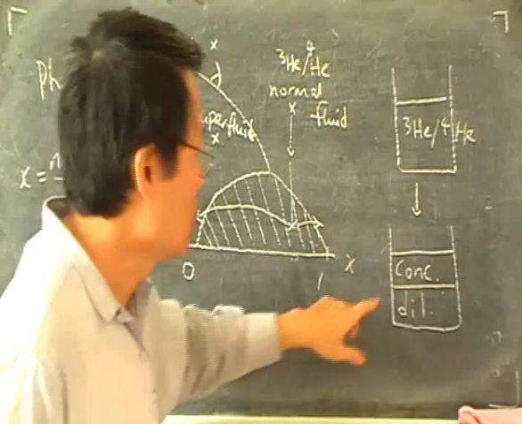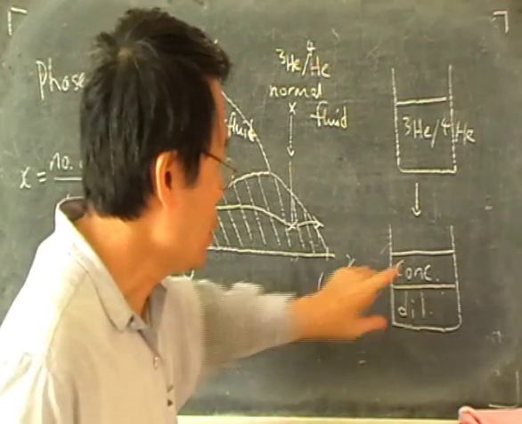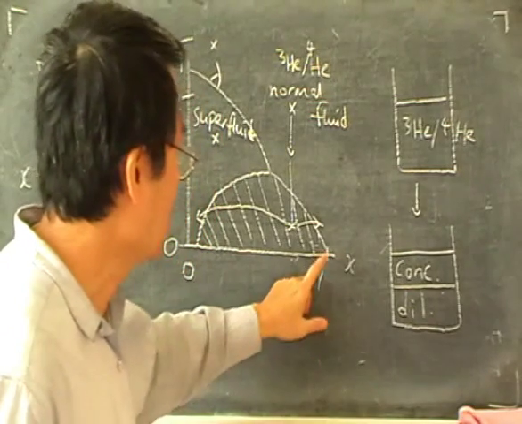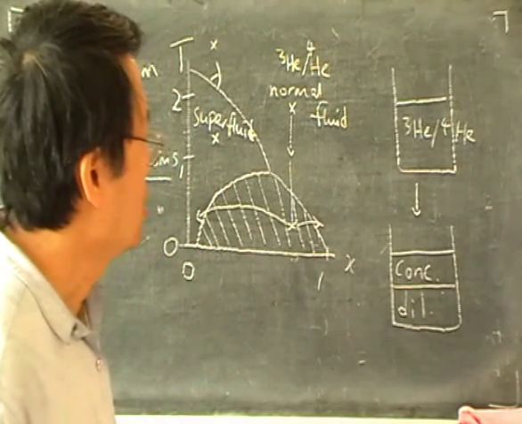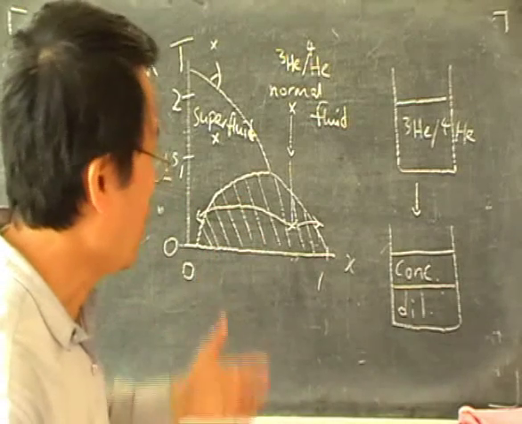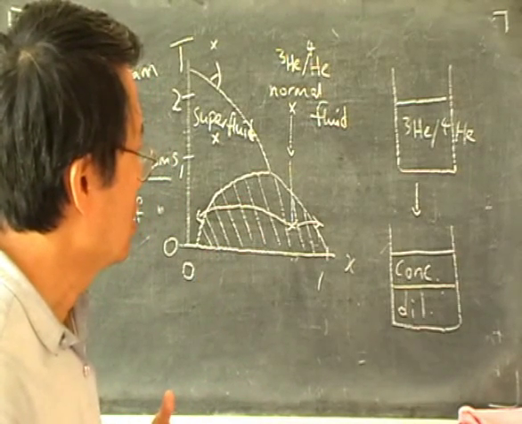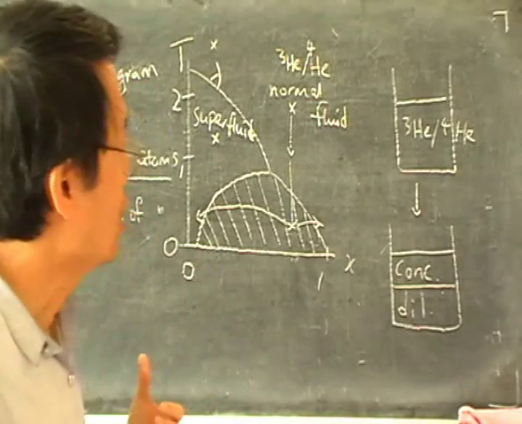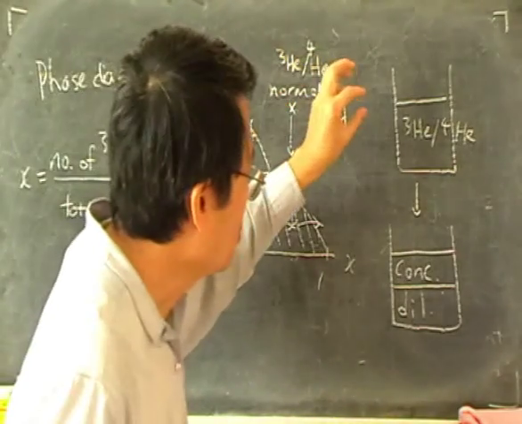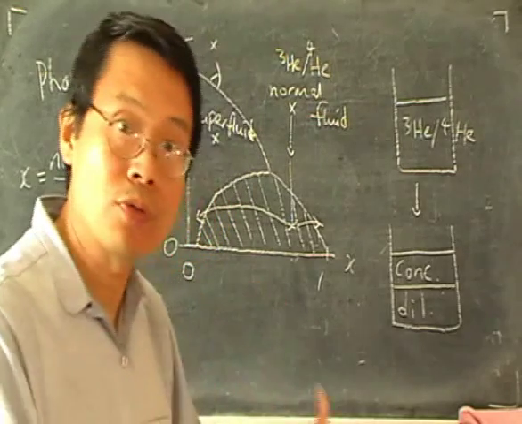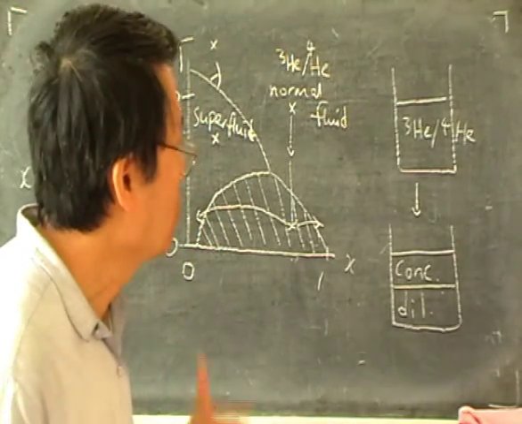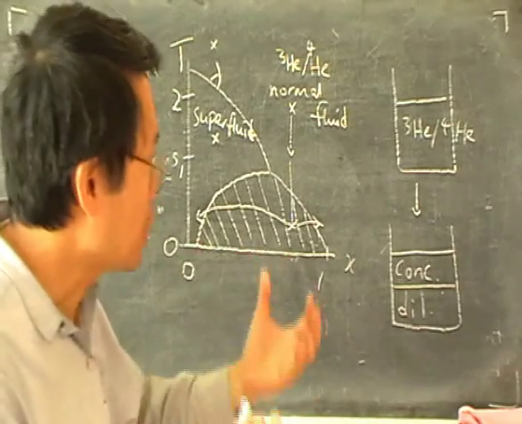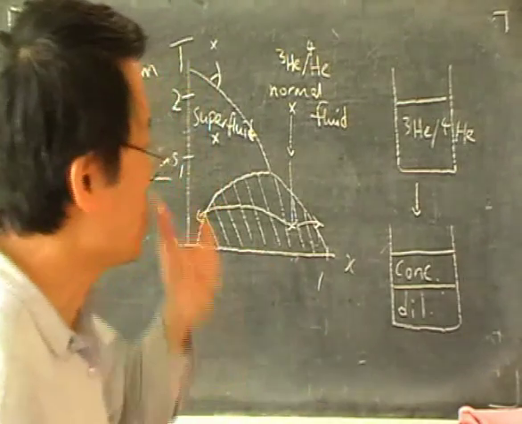Now, the concentrated layer means that it is more concentrated in the liquid helium-3. So far I've been thinking in terms that it is the helium-3 that is dissolved in the helium-4. So when I talk about concentrated, I'm talking about the helium-3 being concentrated.